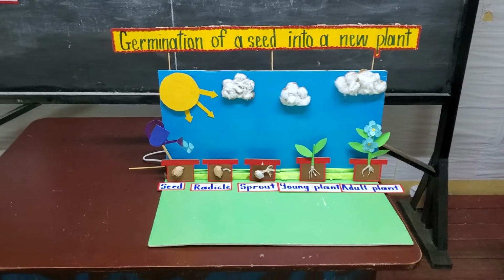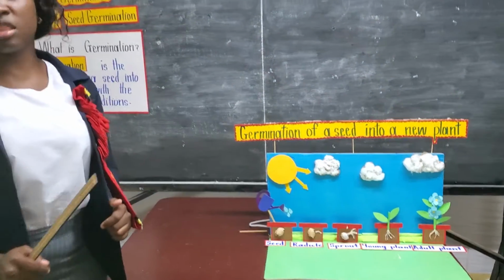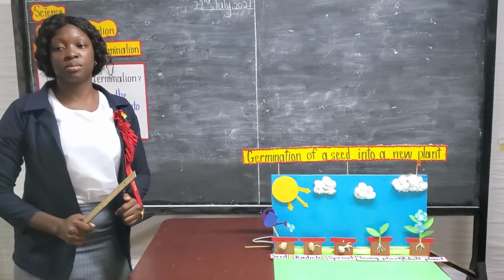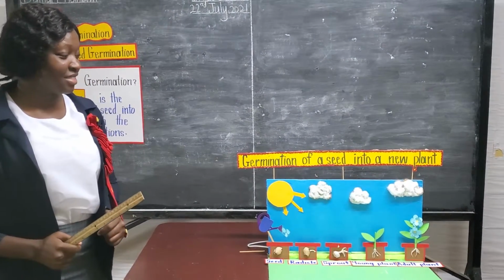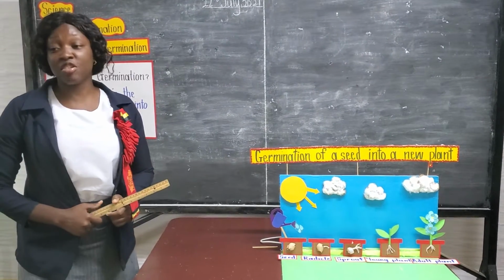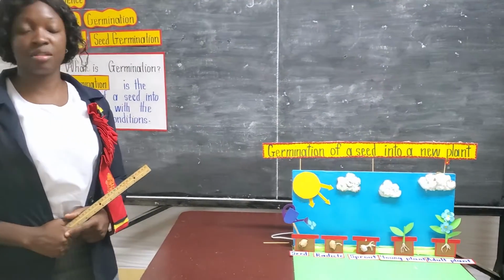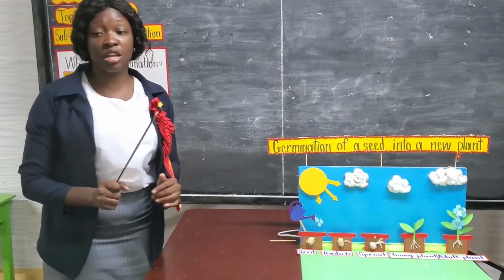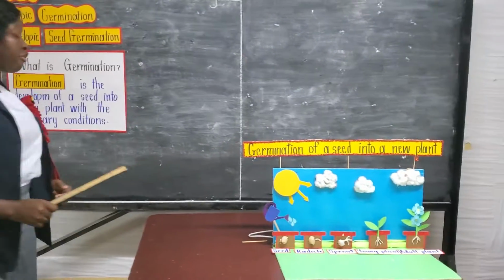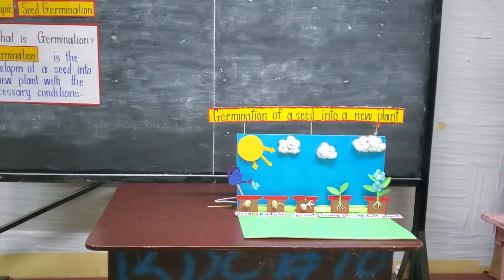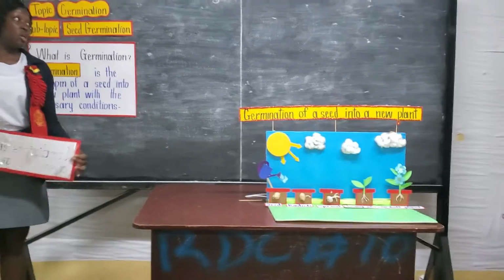And from looking at this model, what makes it different from the young plant? Yes, Trisha? Very good. In the adult stage, there is a flower and a bud. Very good. Now, before all of this can occur, there are some necessary conditions.